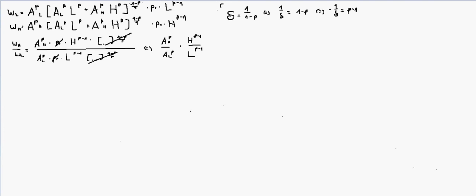We have p minus 1 here. So what we can already do is say that a and L both have the same exponent, so I can also write it outside the bracket.